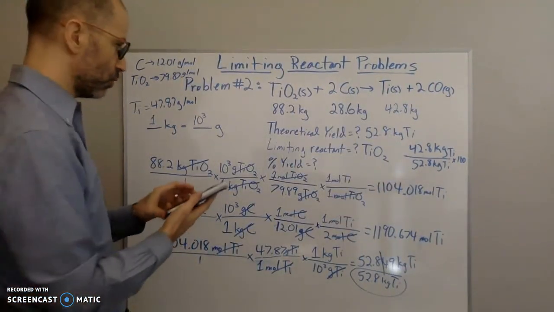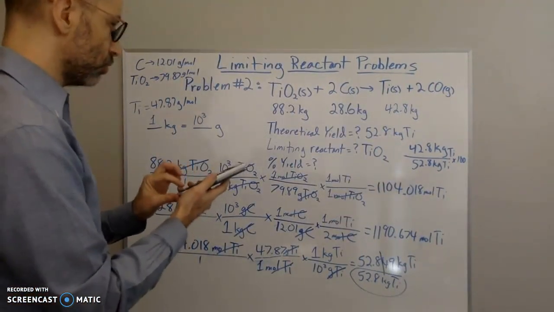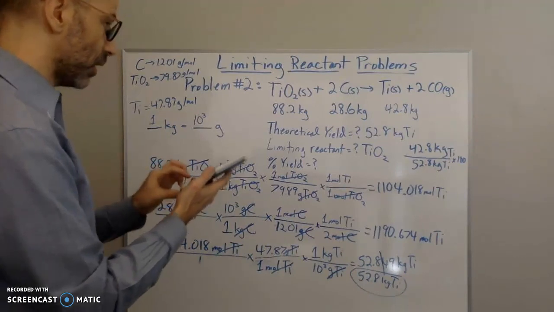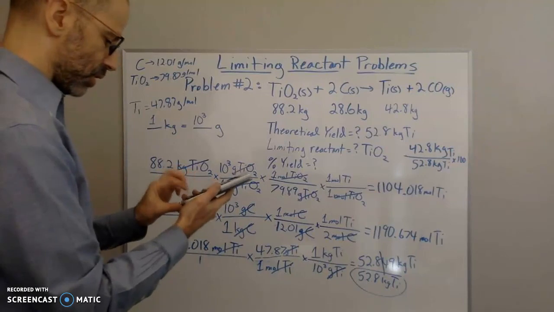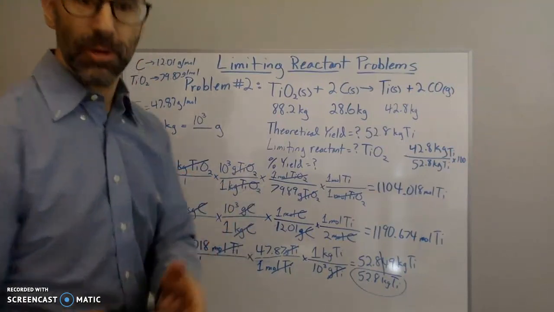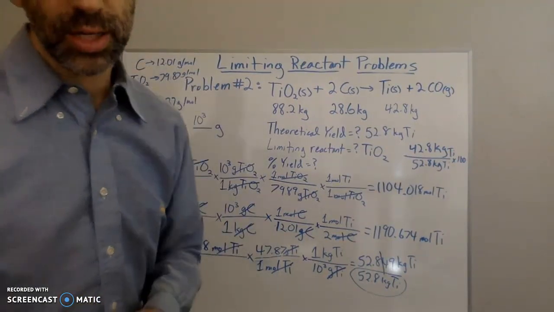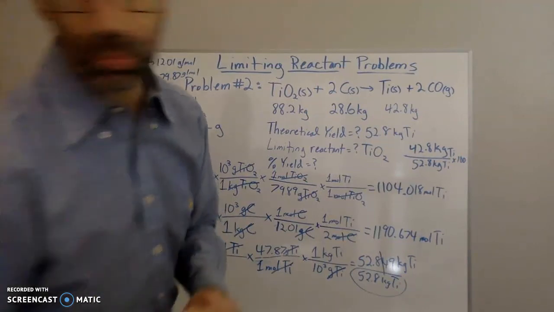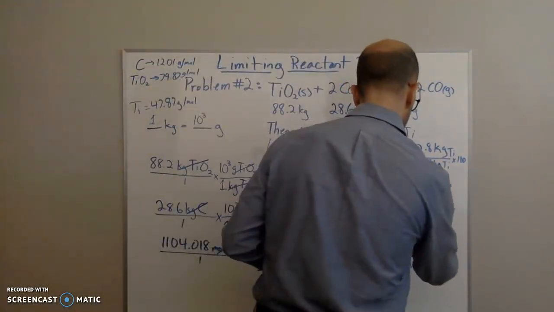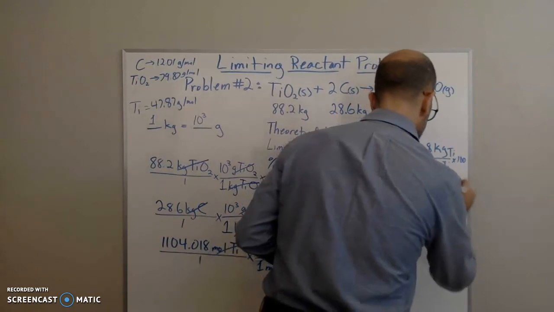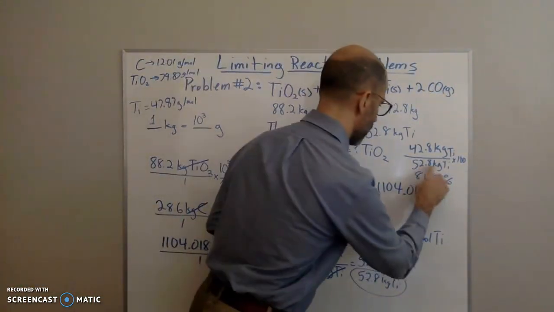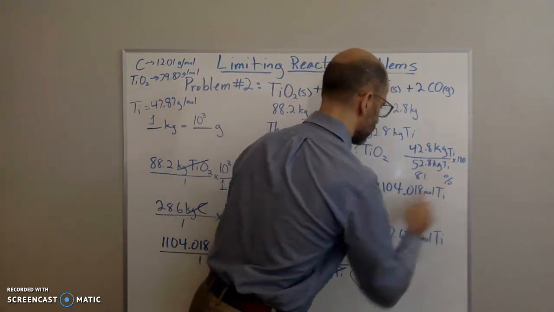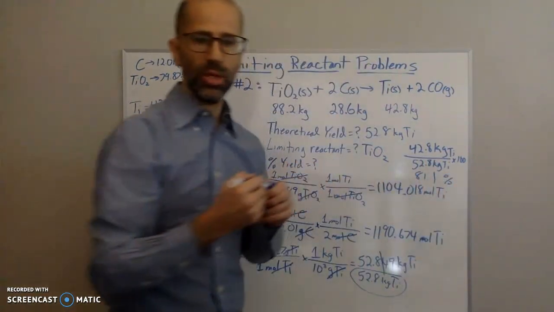So if I do that really quickly, so you get 42.8 divided by 52.8 times 100 equals, and then you get 81.06. So 81.06% yield. Since you have 3 sig figs, you gotta turn that to a 1. So that would be the percent yield.